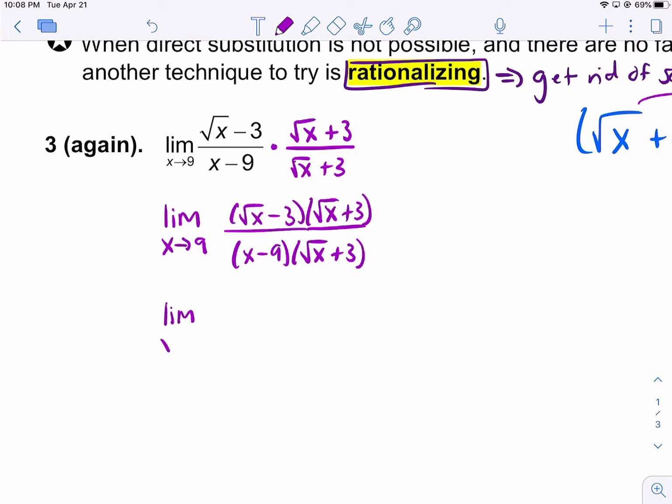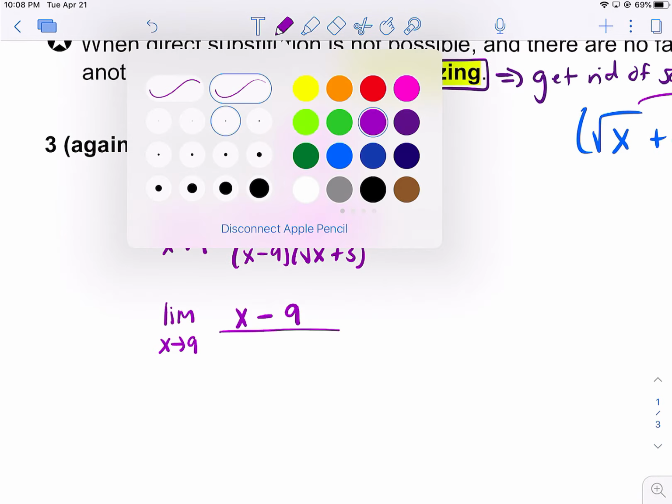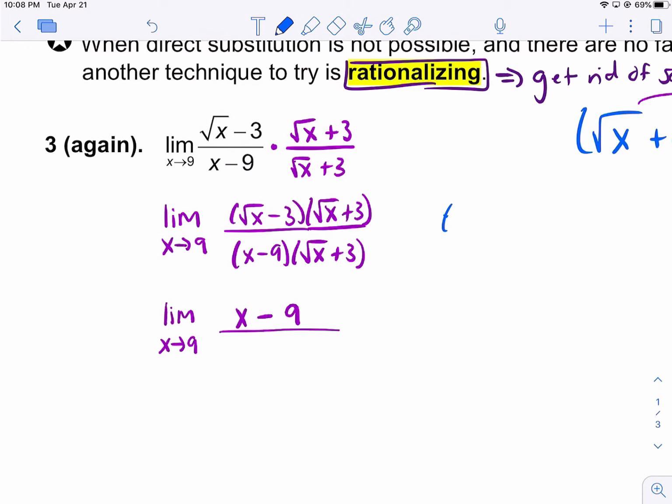So let's keep going. Limit as x goes to 9. This is the difference of two squares, and so this becomes x. When we do the square root of x times the square root of x, this becomes x minus, and then 3 times 3 is 9. So this becomes x minus 9 in the top. Again, if you don't believe me, let's multiply this out.